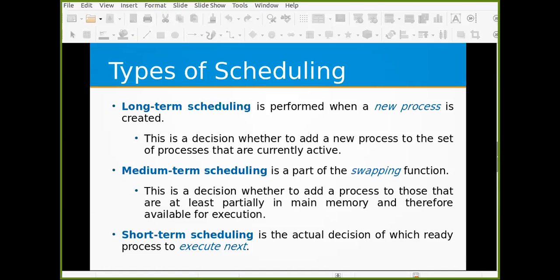Whenever swapping happens, you put your process in secondary memory, but at least the process table entry, some attributes of that process, must remain in main memory.